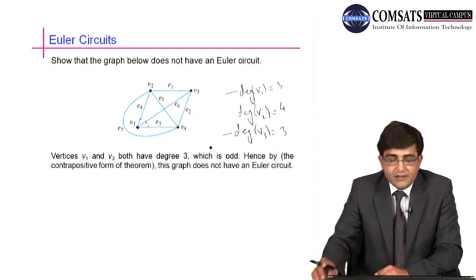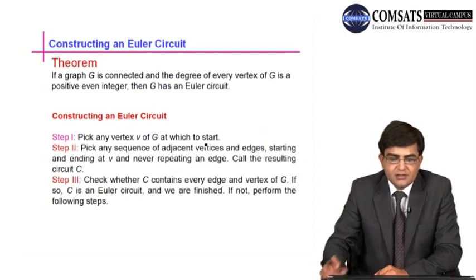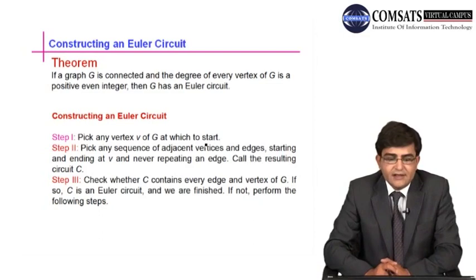Now we shall discuss the procedure of how to construct an Euler circuit within a graph. Here is another important theorem. The proof of these theorems you can see in the book of Discrete Mathematics written by Susanna, in the chapter on graphs.